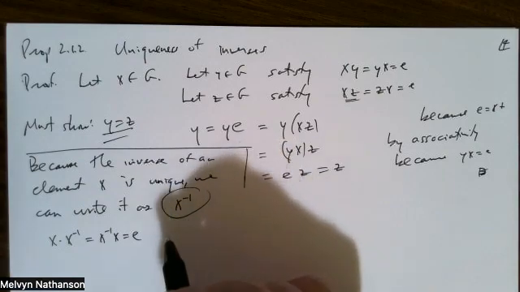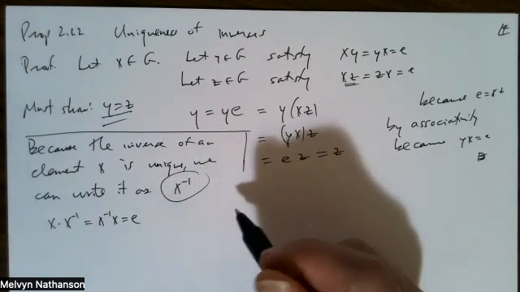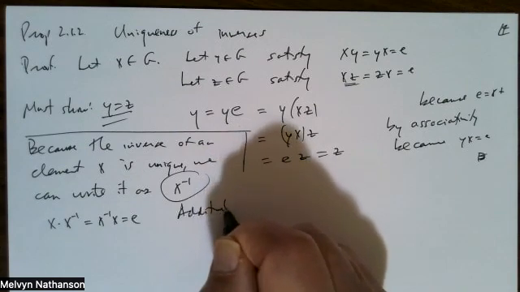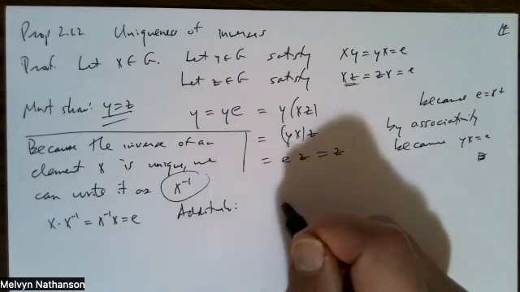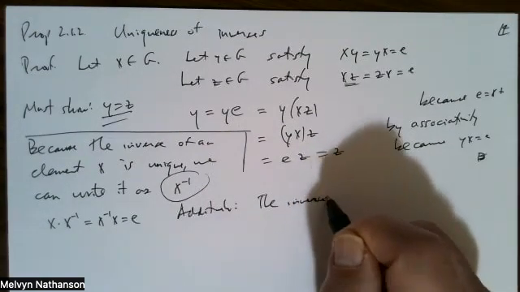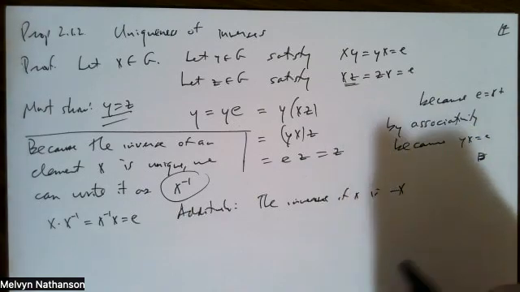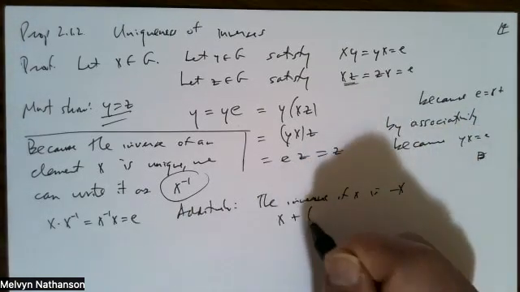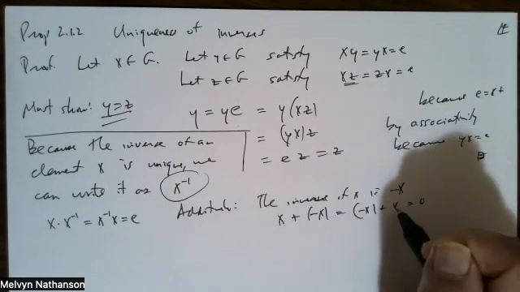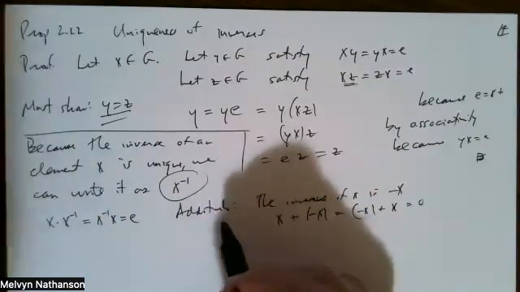This is the notation we use if we're writing the group operation multiplicatively. Additively, the inverse of X is an element we call minus X. So X plus minus X, or minus X plus X, is 0, if we write the identity as 0. This is when we use additive notation.